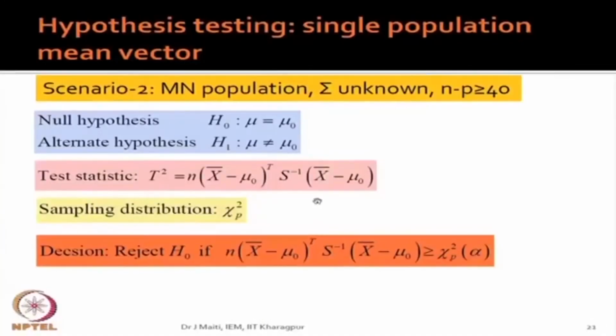It is basically a proposition; you do not know what the true thing is, and you are trying to prove it based on data analysis. Okay. So, there are two hypotheses, null and alternative hypothesis. In the case of population, your scenario 2, your statistic is this, the distribution is this, and reject like this.